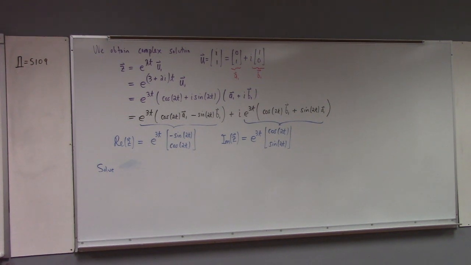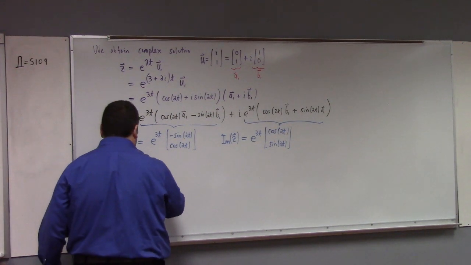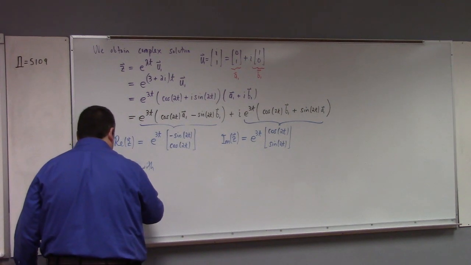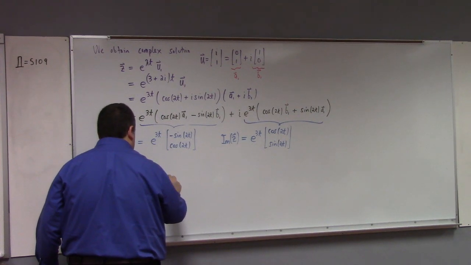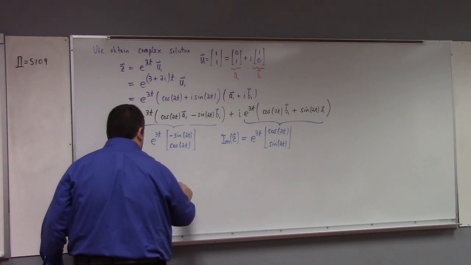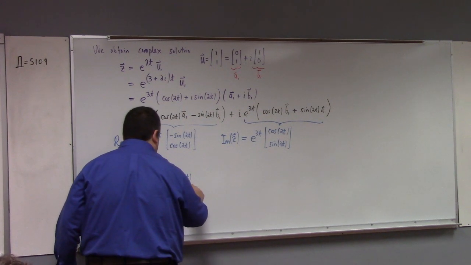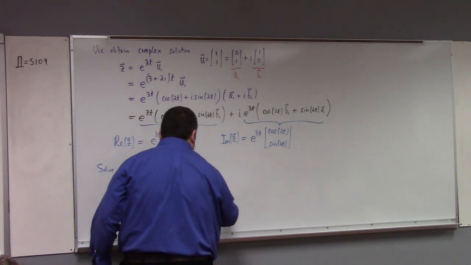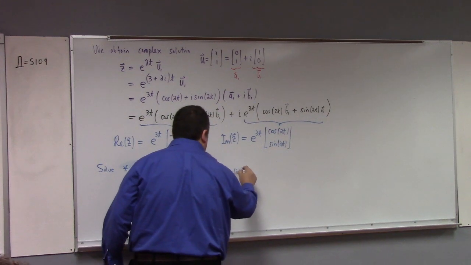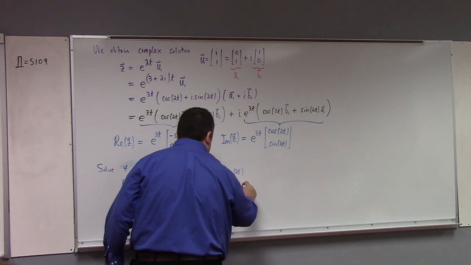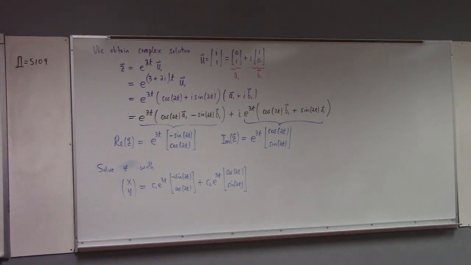We can solve star, with (x, y) equal to c1 e to the 3t (minus sine 2t, cosine 2t) plus c2 e to the 3t (cos 2t, sine 2t). And there you go. That's the solution to this system. That's how you do it.